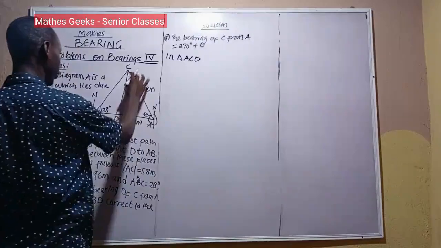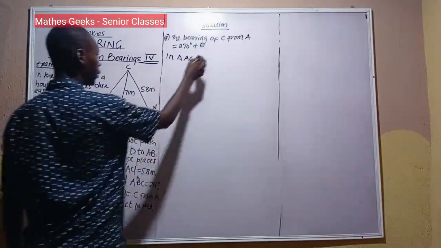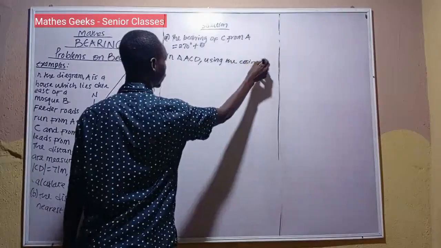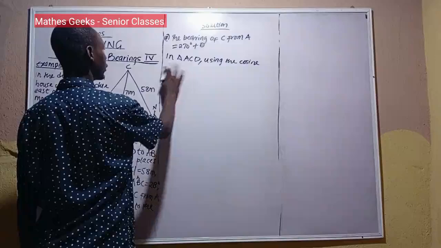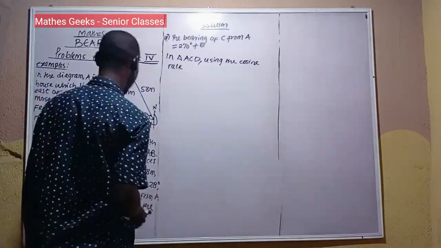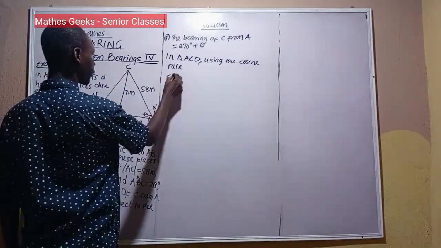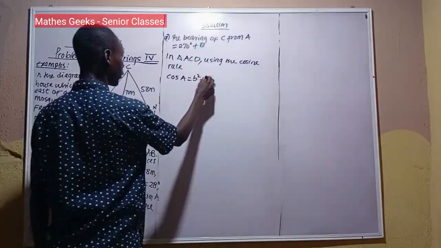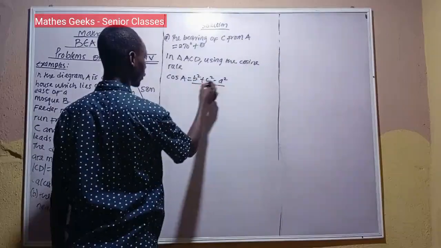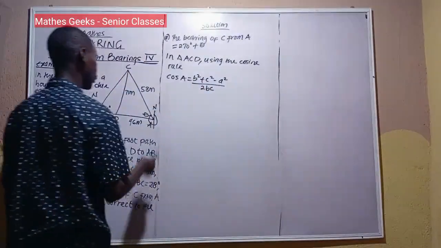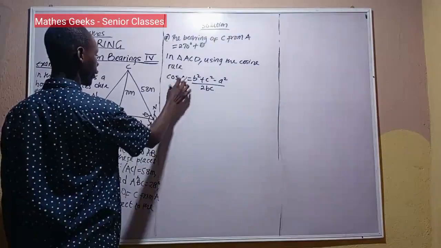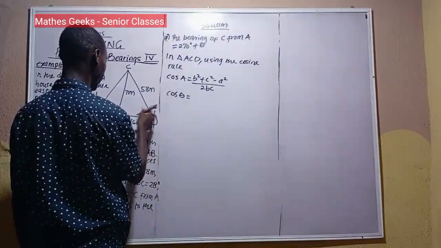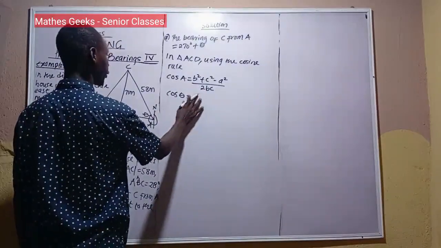ACD, the three sides are given in triangle ACD, so we use the cosine rule. So cos A is equal to b squared plus c squared minus a squared over 2bc, where A is theta.